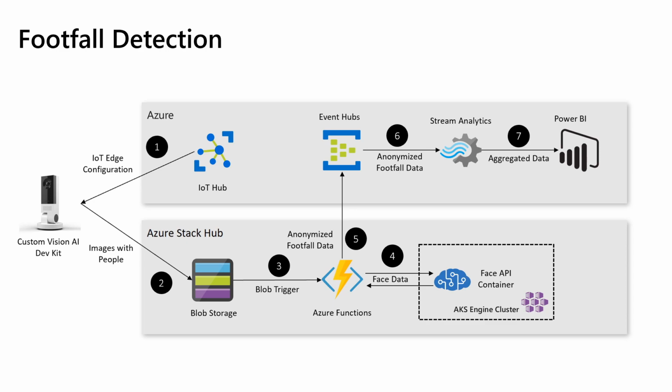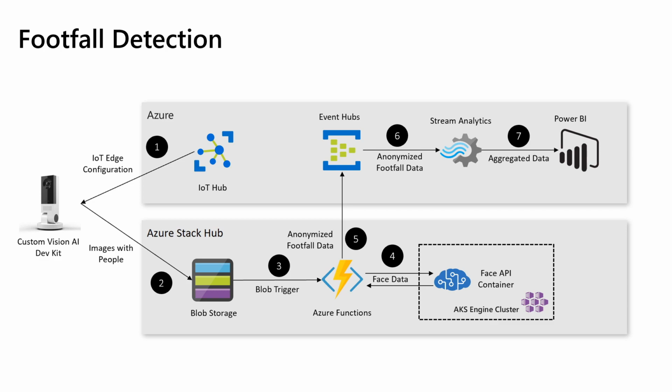Then the Azure Stack Blob storage triggers an Azure function on the Azure Stack Hub. This Azure function calls a container with Face API to get demographic and emotion data from the image. These are all local instances of the Azure services running on the Azure Stack Hub.